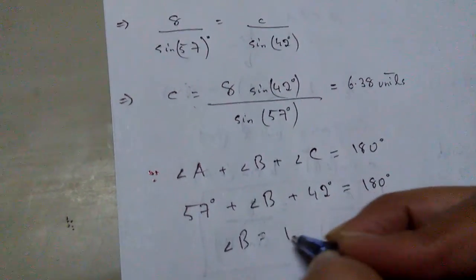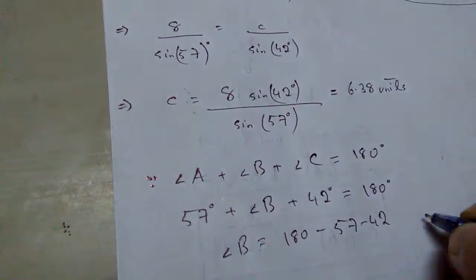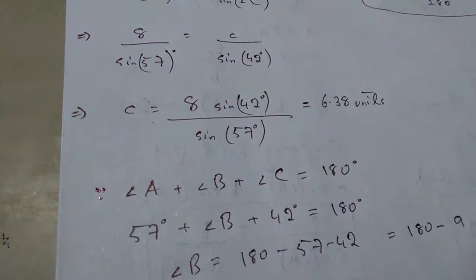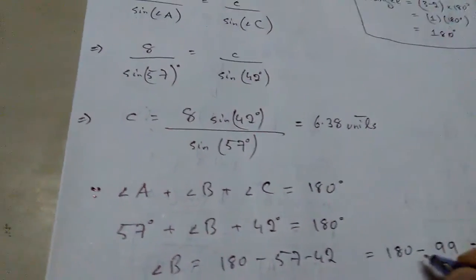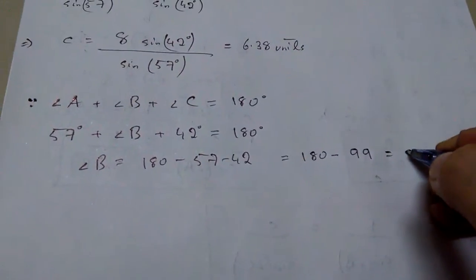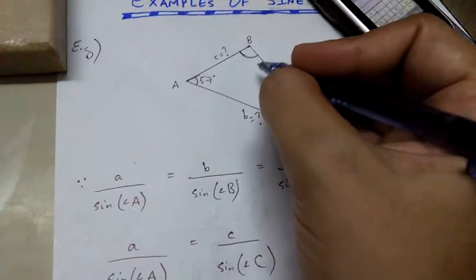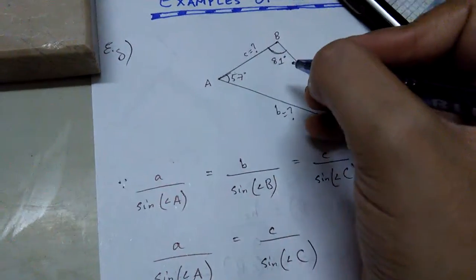So angle B comes out to be 180 minus 57 minus 42, so it is 180 minus 99. This gives us 81 degrees. So we come to know that this is our 81 degrees. Alright, that's it.